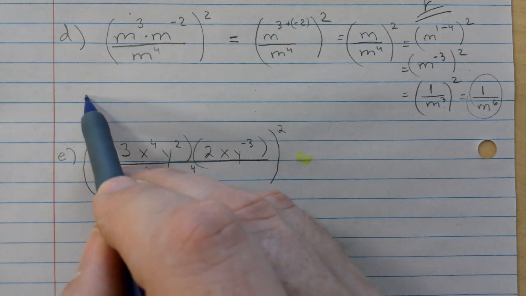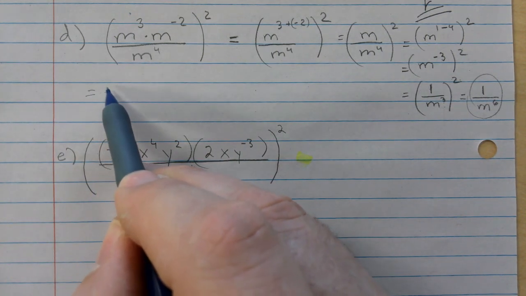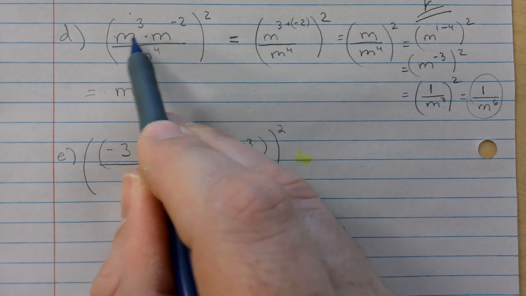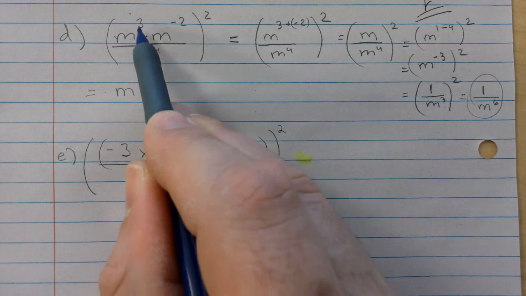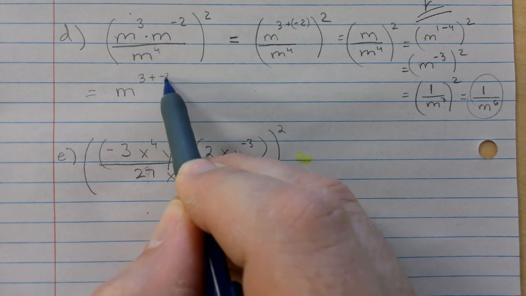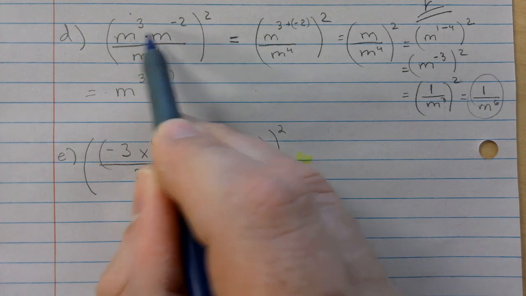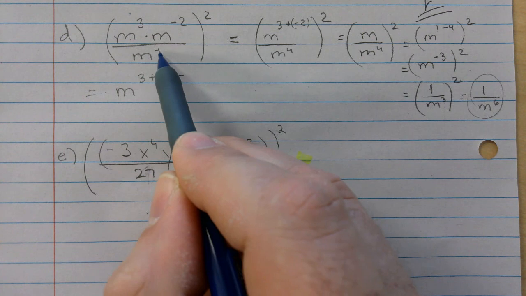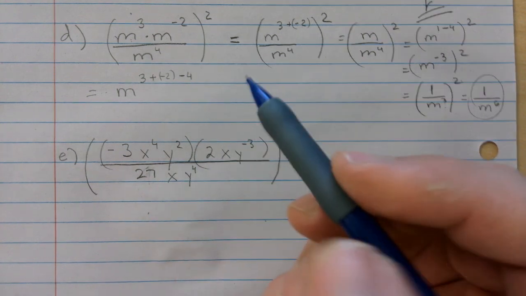If you wanted to do this faster, you could have gone, these have all the same base. Therefore, if you just see that that has 3 plus -2, because they're multiplying here, and you'd have to subtract whatever exponent is at the bottom.